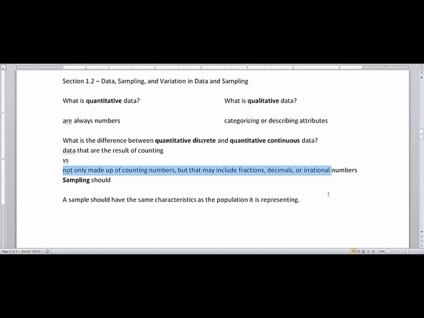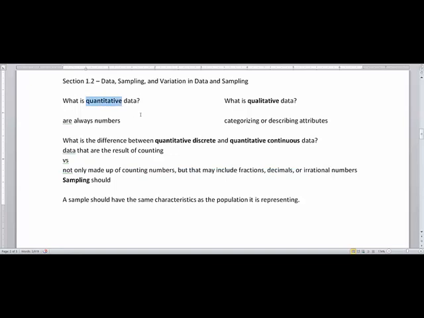Whereas weight, weather, and lengths, for example, can't be easily made into an integer. You can sure measure things by the mile, but that's probably just an estimate, because if you really drill down, it's probably not exactly 5,280 feet.